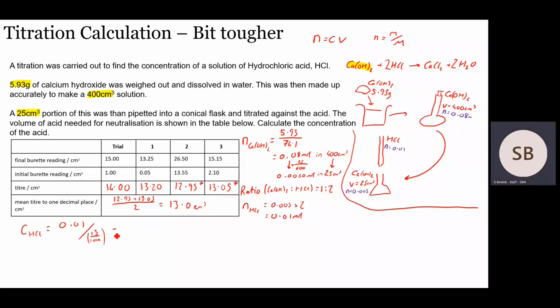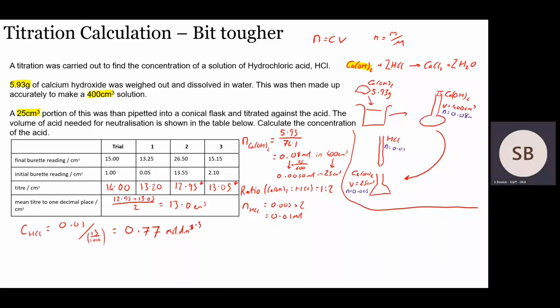Don't forget to convert that into decimeters cubed. And you end up with 0.77 moles per decimeter cubed. Don't like that at all. There we go. And that's how you do a slightly tougher titration.